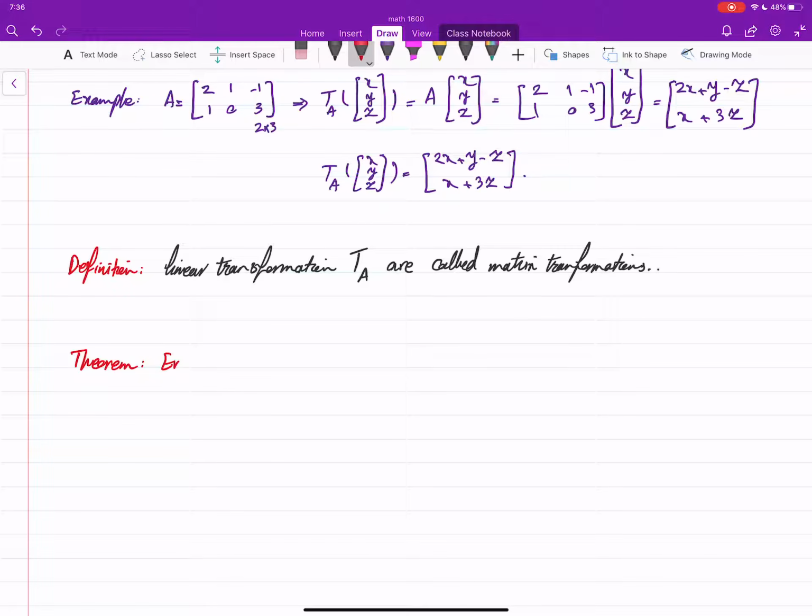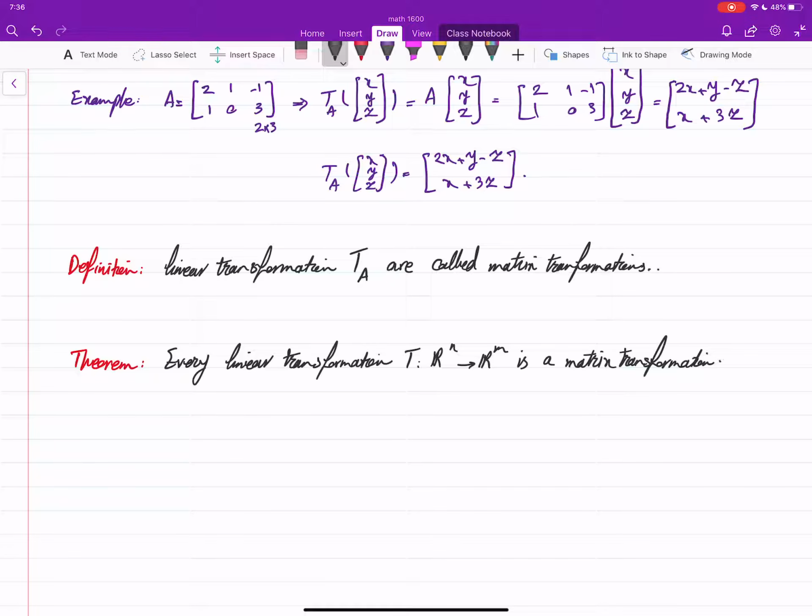Every linear transformation T going from Rn to Rm is a matrix transformation, meaning that there exists an M by N matrix A such that T is TA.